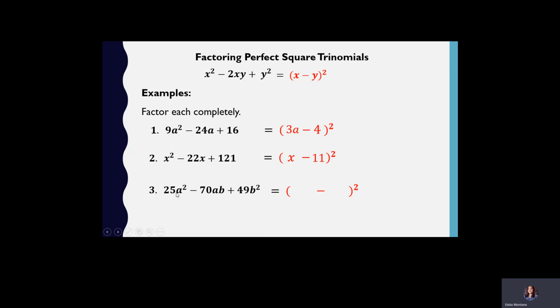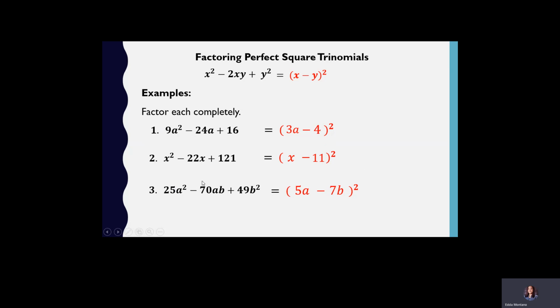The square root of 25 is just 5. And the square root of a squared is a. Place it here. Copy the sign of the middle term, which is negative. And then let's get the square root of 49. And that is 7. The square root of b squared is b. So this is 7b. Then you enclose it. Our final answer is just the quantity of 5a minus 7b, squared.